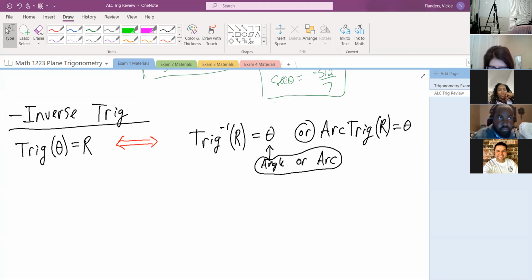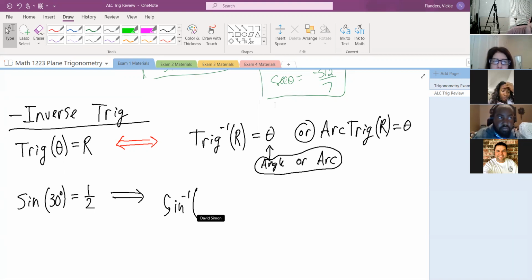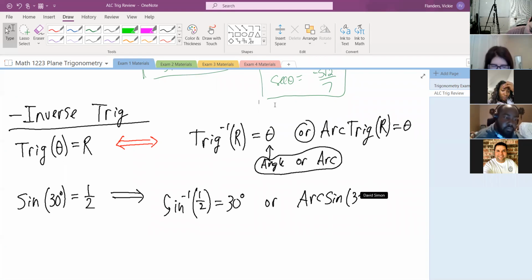So for example, since I know that the sine of 30 degrees is equal to 1/2, I can define the inverse sine of 1/2 to be 30 degrees. Or in other words, arc sine of 1/2 is 30 degrees.